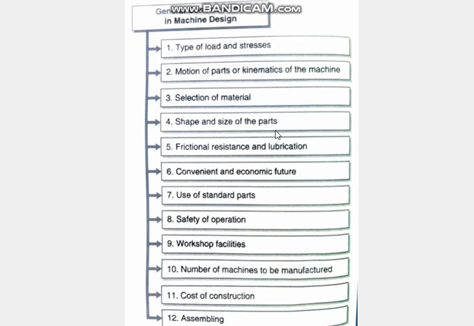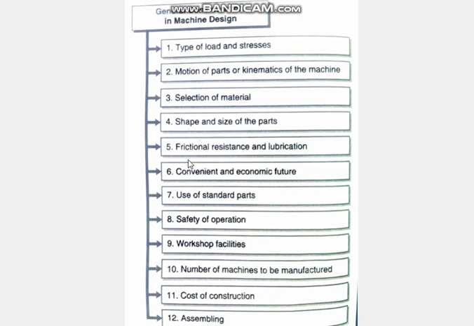All that knowledge we'll be using here. Some formulae: if a bending load is coming, what will be the bending stress? If a torsional load is coming, what is the torsion equation? Those equations we'll be studying, and then we'll try to find the sizes of the components and fix the shape that is going to be there.